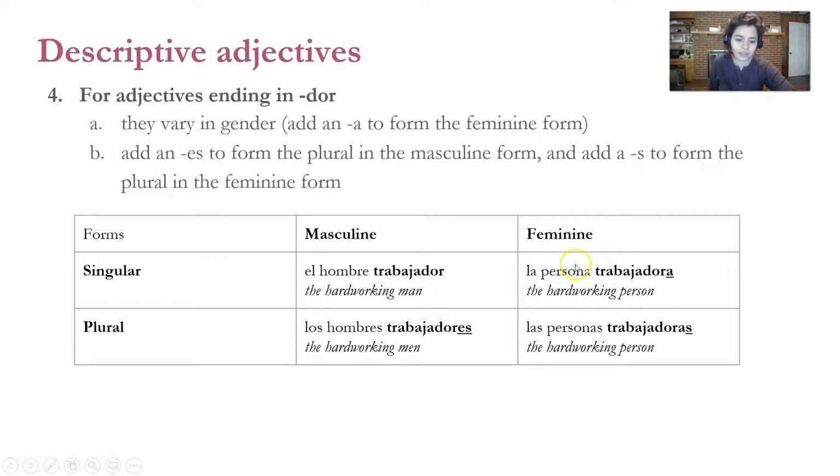So instead of using mujer or hombre or niño, niña, or chico, chica, you can use the noun persona for a gender neutral form. So you will always describe that noun, since that noun is feminine, with feminine adjectives. So that's also a way to express gender neutrality for a person's identity.